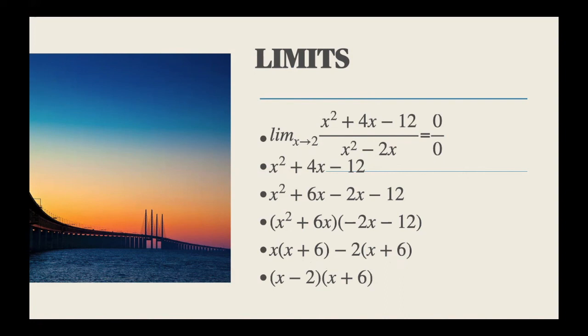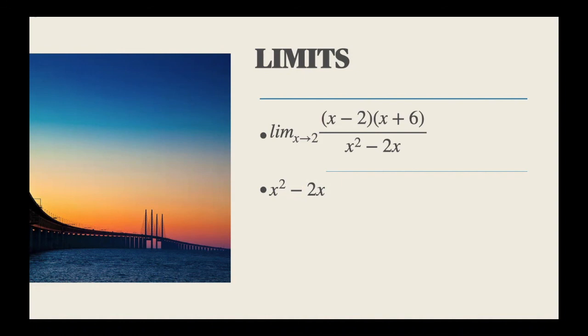But in the denominator, we have to do something more because we're seeing another quadratic without a constant. So looking at this, the denominator our focus is on now, we have x squared minus 2x. And if you realize, I replaced my numerator with x minus 2 and x plus 6. So let's get back to the denominator.